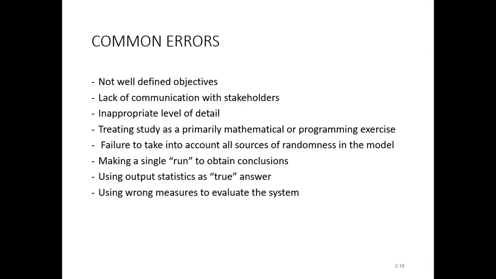Sometimes we ignore the random variables in the model. Sometimes, rather than running multiple runs, we just do a single run and draw the conclusion. And sometimes we use output statistics as the true answer, and in some scenarios we use wrong measures.